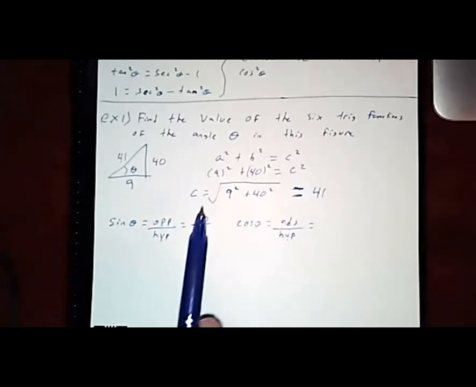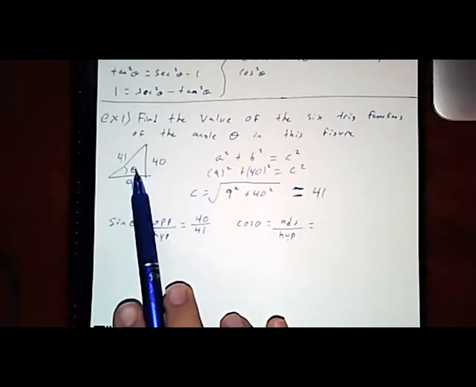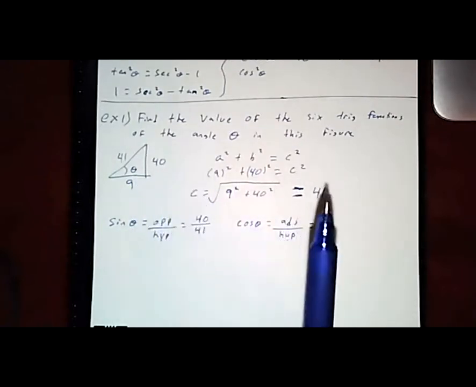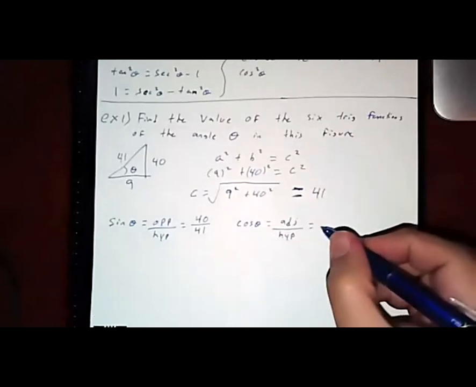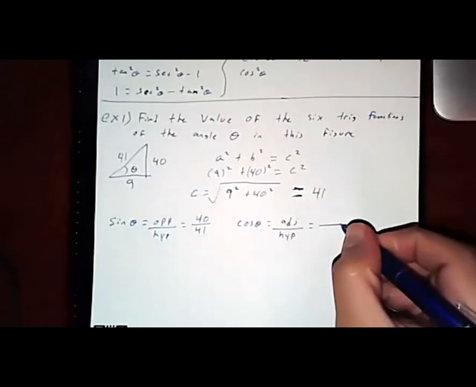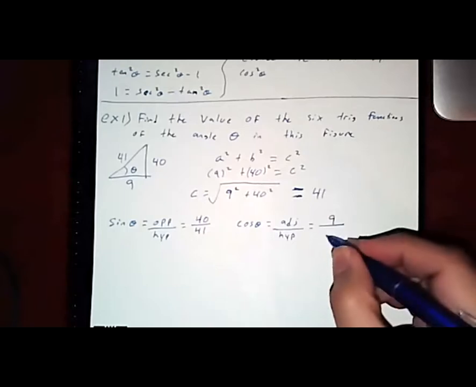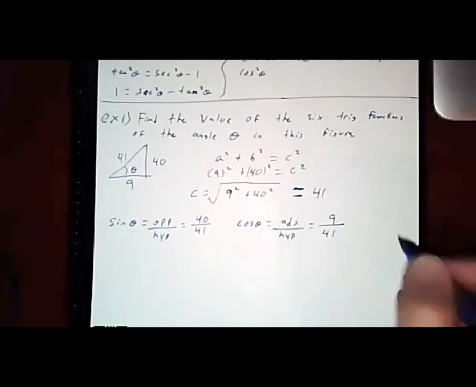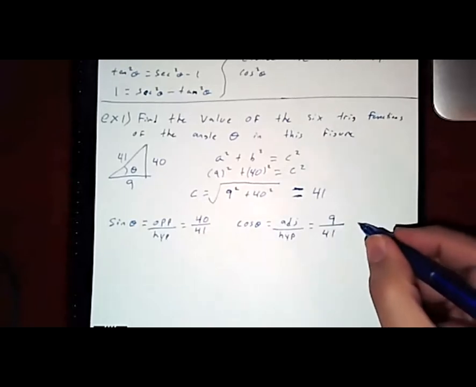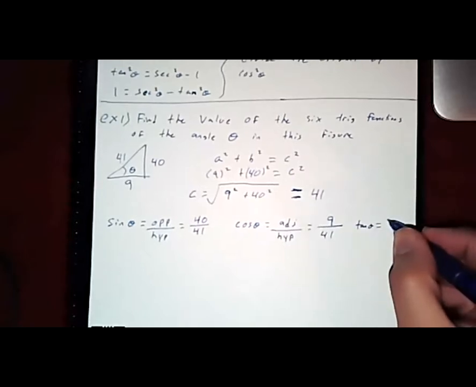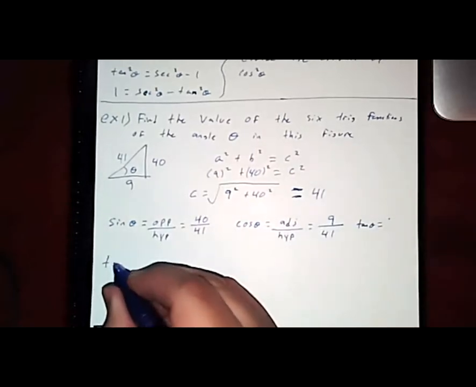So what is the adjacent side to the angle? So one right next to it. So 9 over hypotenuse. Okay. Tangent theta is equal to, we'll write it over here.